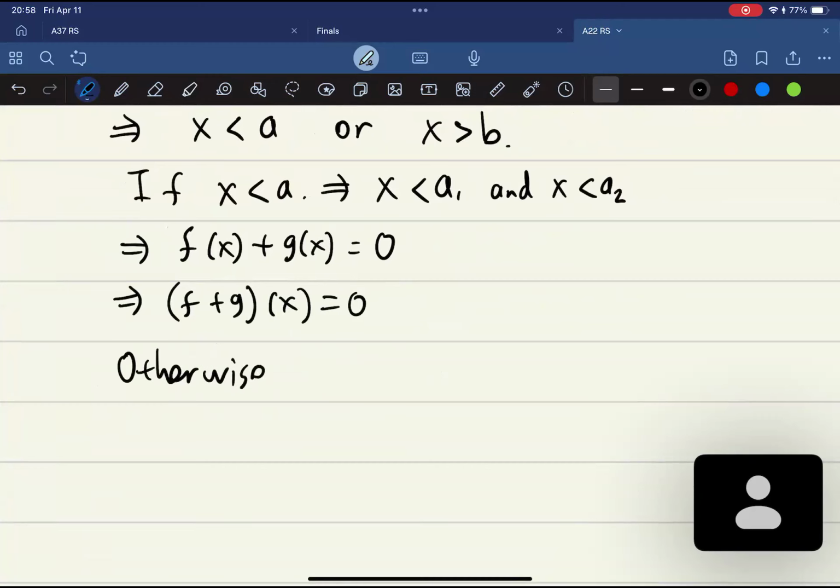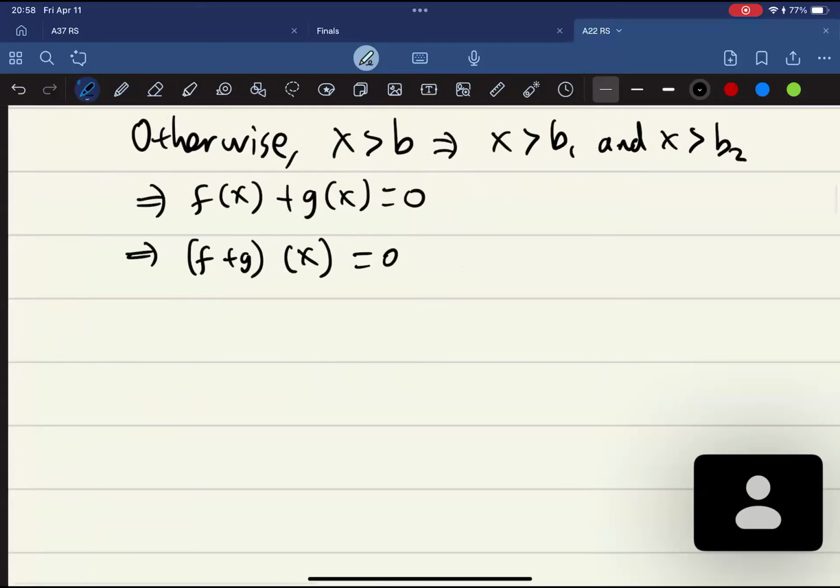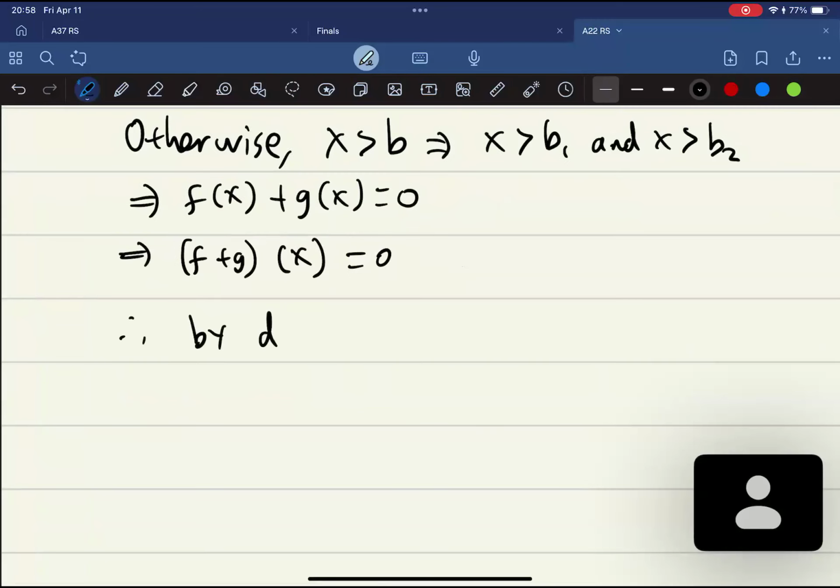Otherwise, we have x greater than b, which implies x is greater than b1 and b2. Therefore, f of x plus g of x is also equal to 0. And again, f plus g of x is equal to 0. Therefore, by definition of U, f plus g is in U.